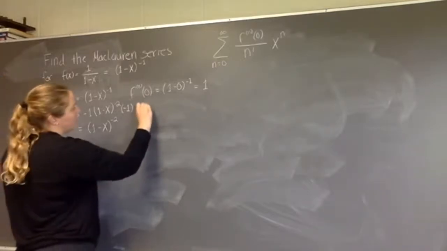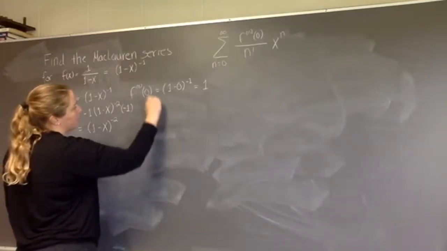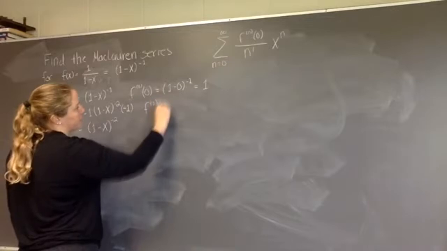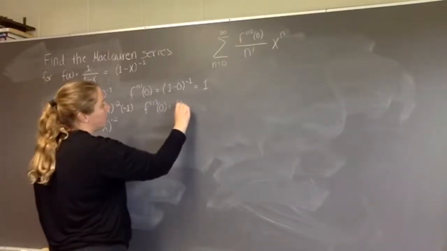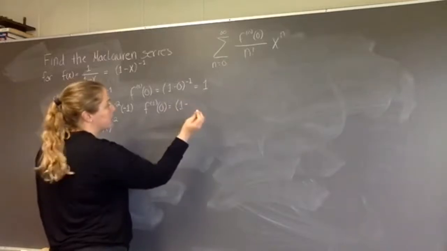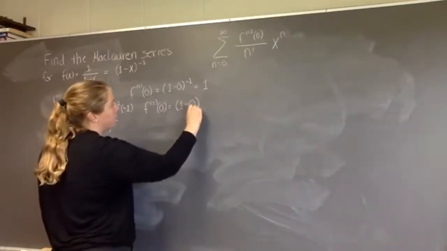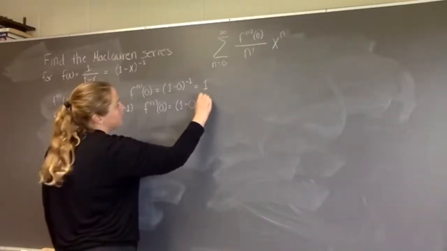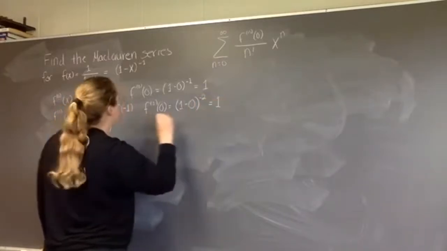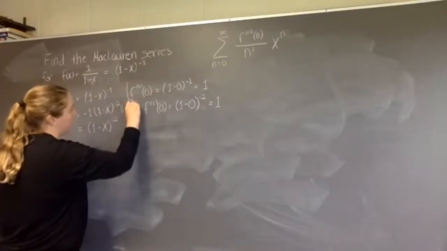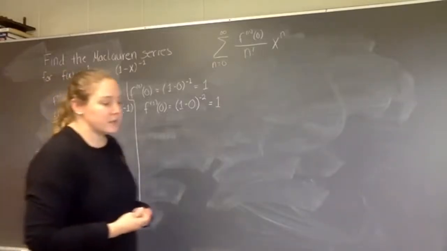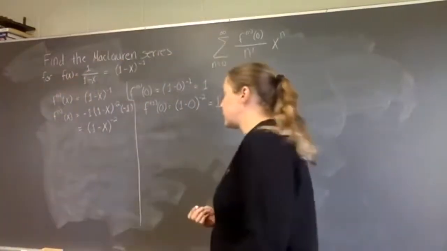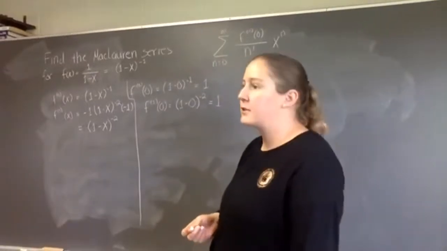So our first derivative, evaluated at 0, is 1 minus 0 to the negative 2, which again is equal to 1. I didn't write those in lines, so let's do that so I line them up better. At this point you might be tempted to say, oh, they're just all 1, pattern established.